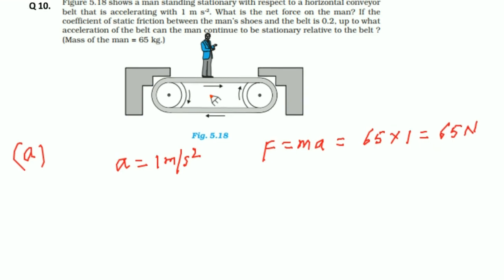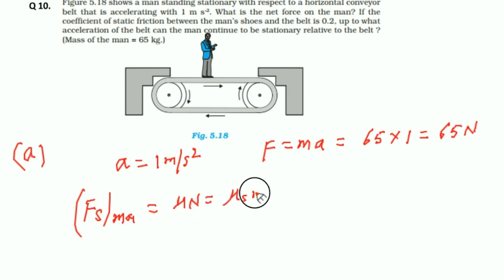Now the second point is, if the coefficient of static friction between the man and the belt is given as 0.2, up to what acceleration of the belt can the man continue to be stationary? So first you have to find out the maximum static friction force. The maximum static friction force will be mu s into N, that is mu s into m into g.